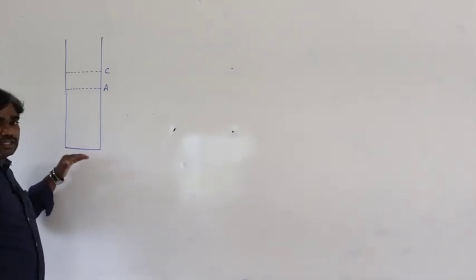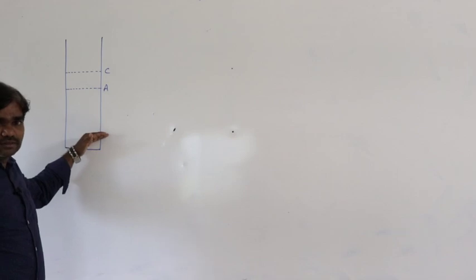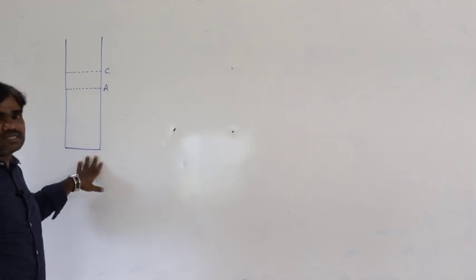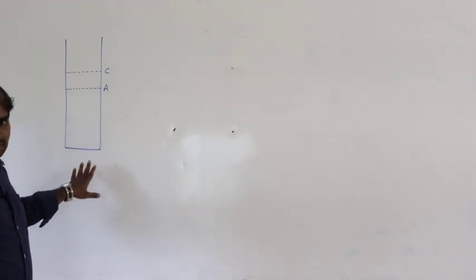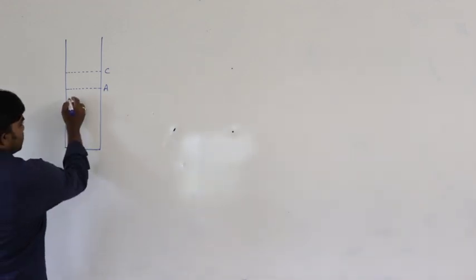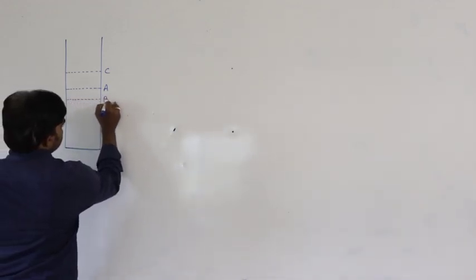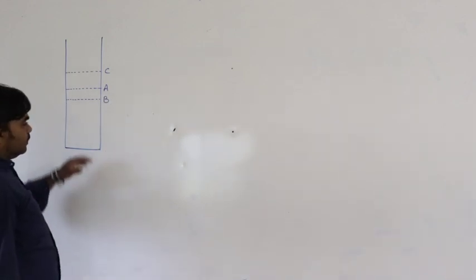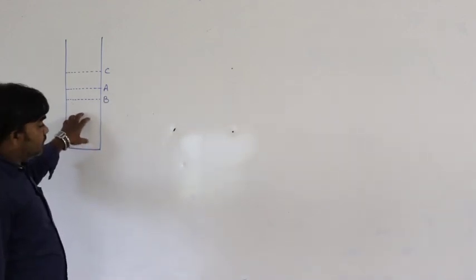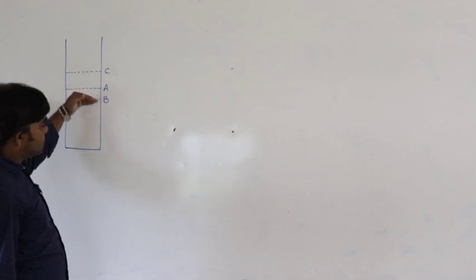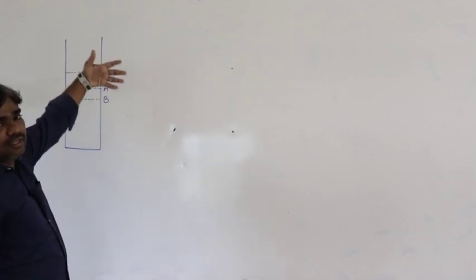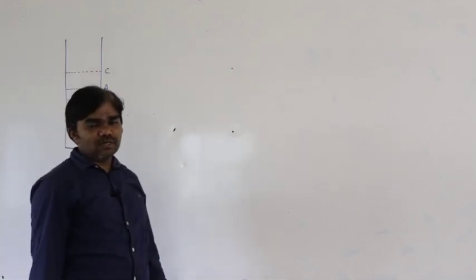Before the heat energy is supplied to the liquid, first the solid gets expanded. Due to the expansion of the solid, first the liquid level falls down to the point B and then increases. That is the actual concept.